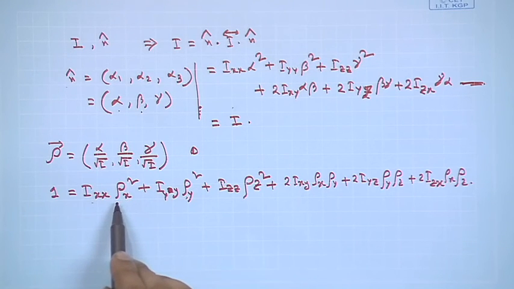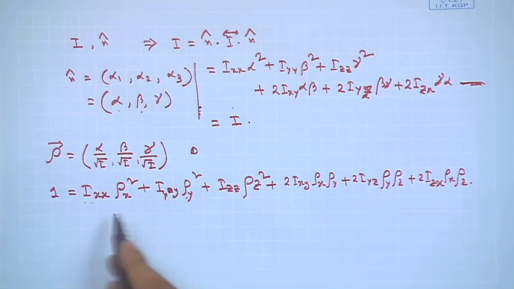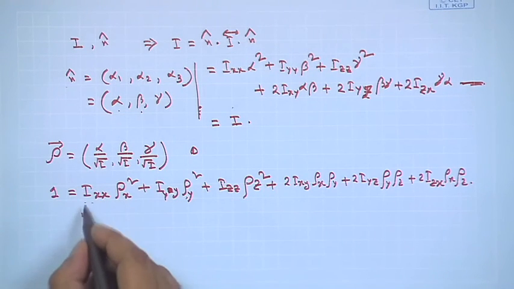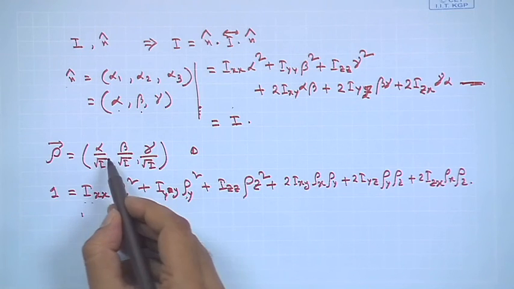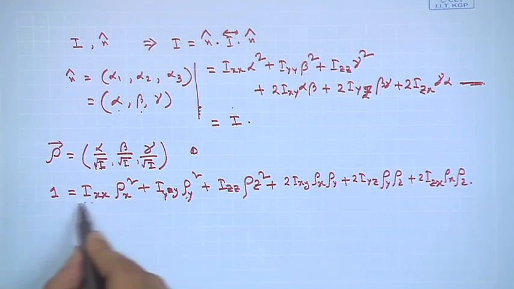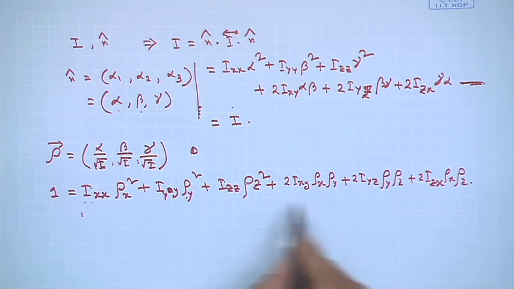If I take an axis system where the axis is marked by this vector rho, okay, instead of x, y, z we have an axis system which is scaled by 1 over root I, then in that particular axis system this one represents an ellipsoid.